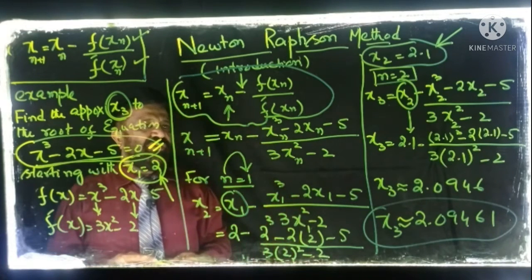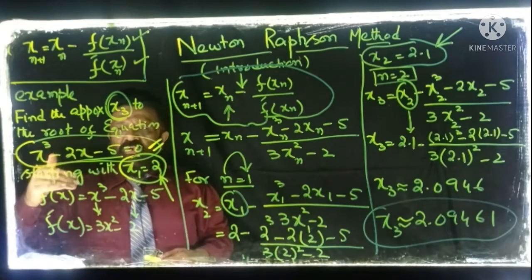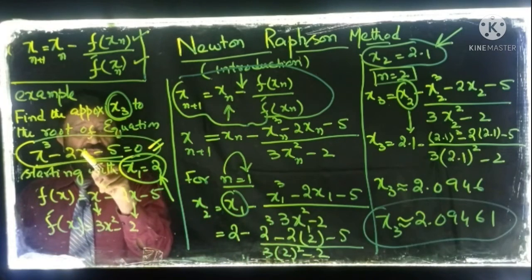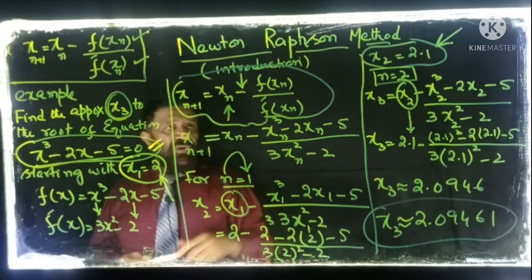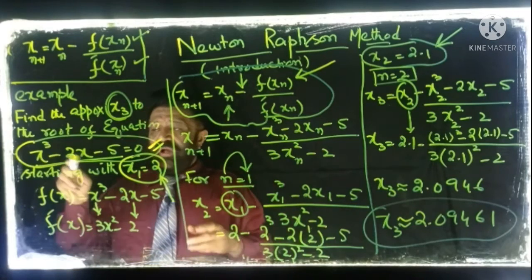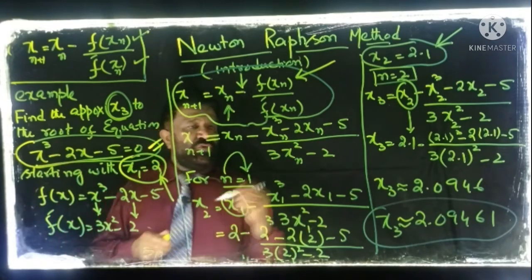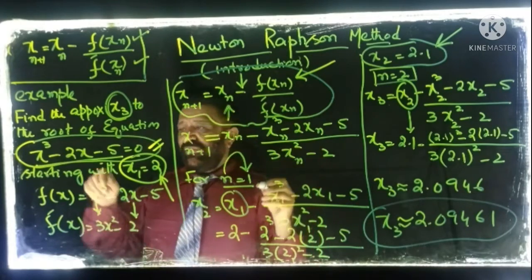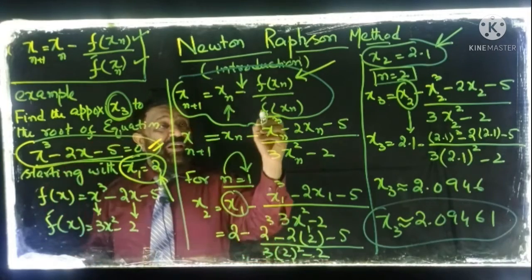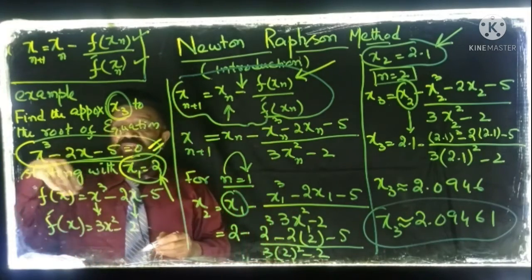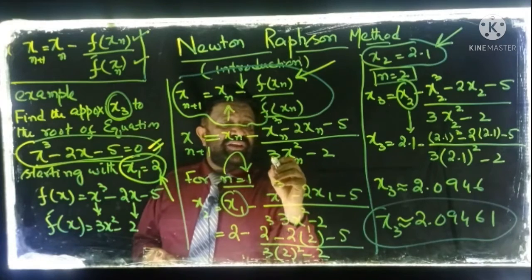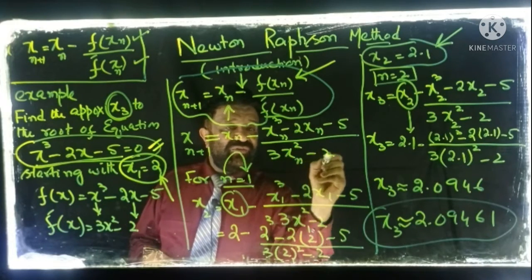Now according to this, he has given an equation, x cube minus 2x minus 5. So where f(x_n) is written, x_n cube minus 2x_n minus 5 is written, divided by f'(x). Once you take the first derivative, you will get 3x square minus 2.